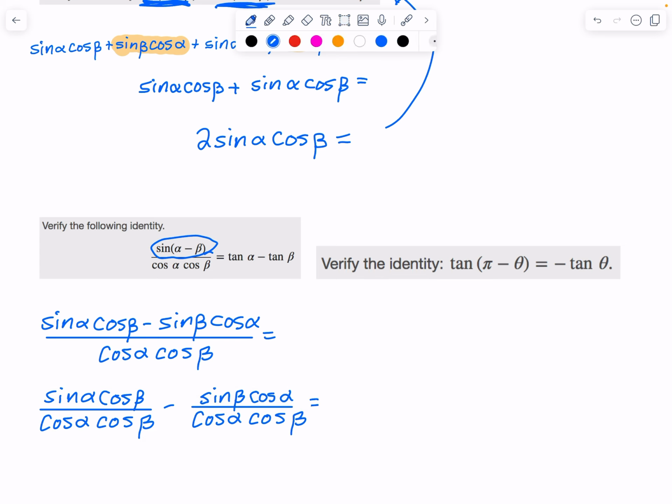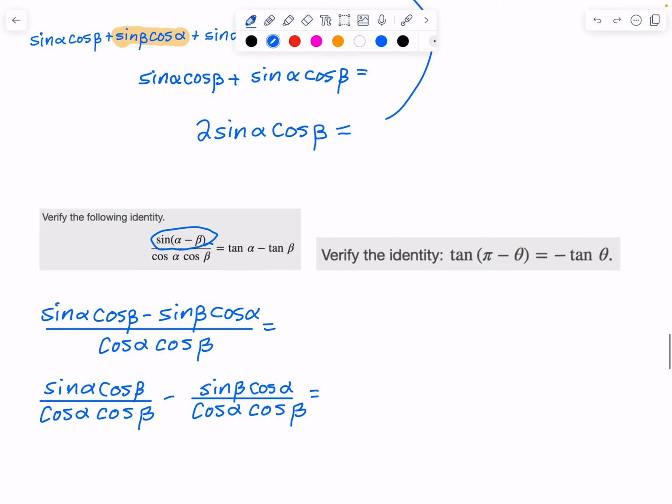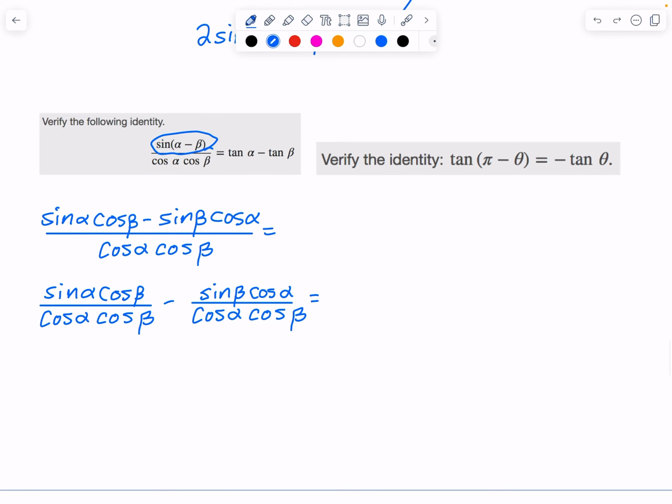We're trying to get it down to that. Okay, I can see that this cosine beta is going to cancel there, and cosine alpha will cancel there, and then this leaves me sine alpha over cosine alpha. As long as the alphas are the same, I can change it to a tangent. So this is tangent alpha minus, and then notice sine beta over cosine beta is tangent beta, and that's what we were aiming for.